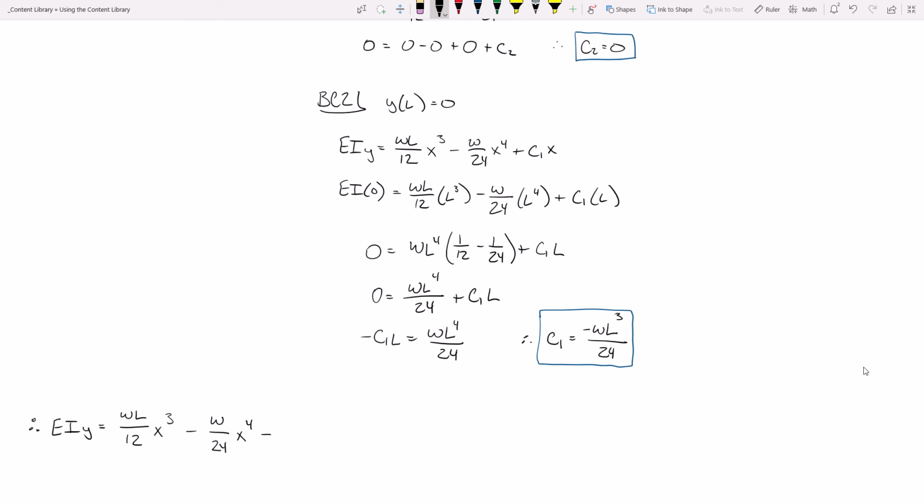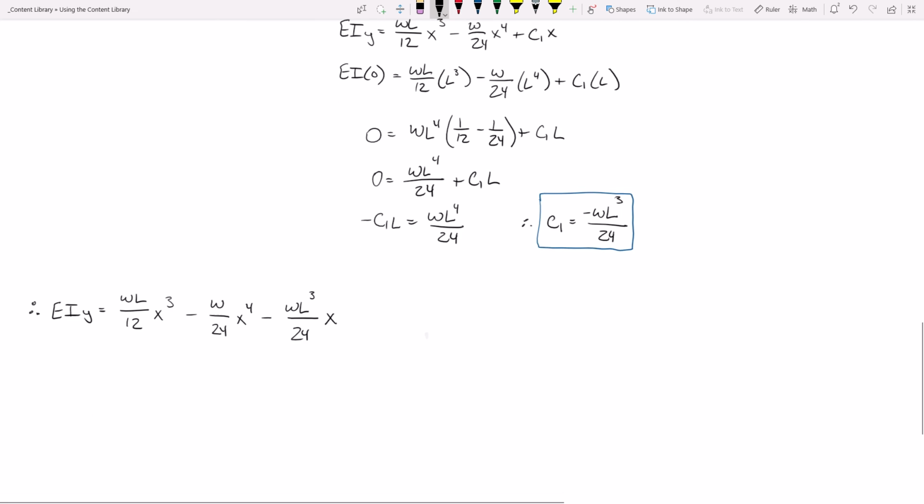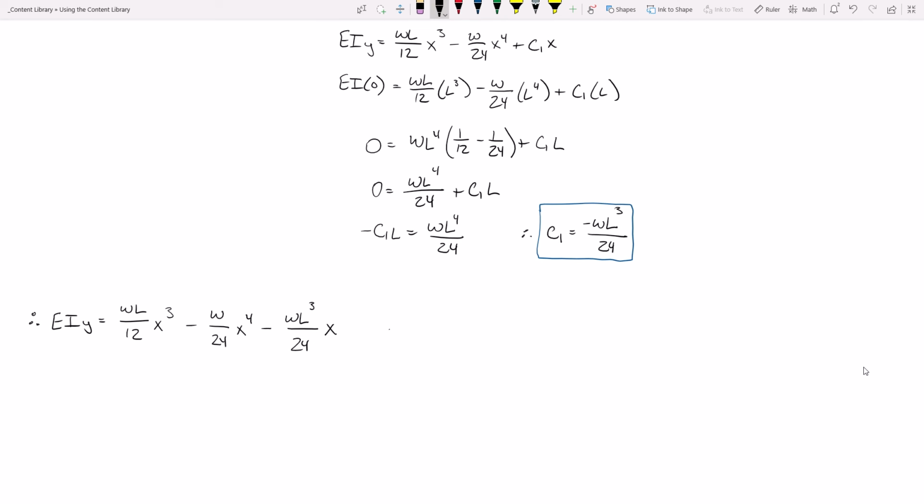C1 is negative WL to the third over 24 times x. And then if we want, we can say y of x is now WL over 12 EI x to the third minus W over 24 EI x to the fourth minus WL to the third over 24 EI times x.